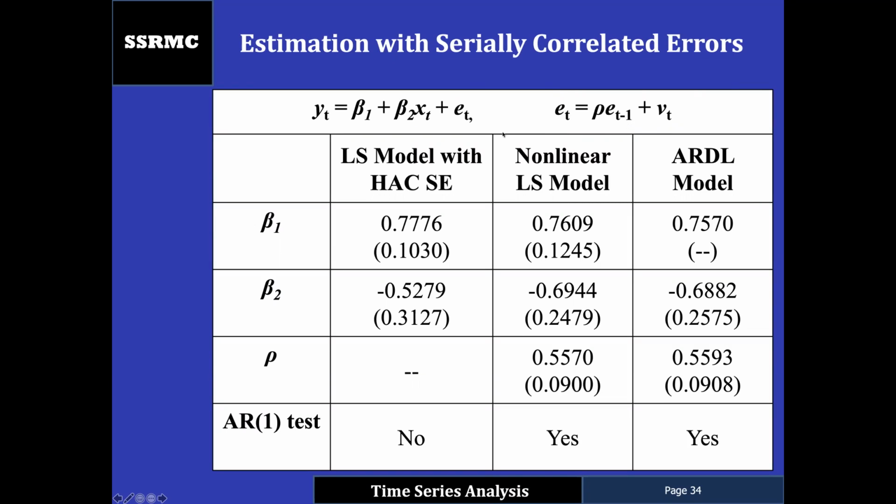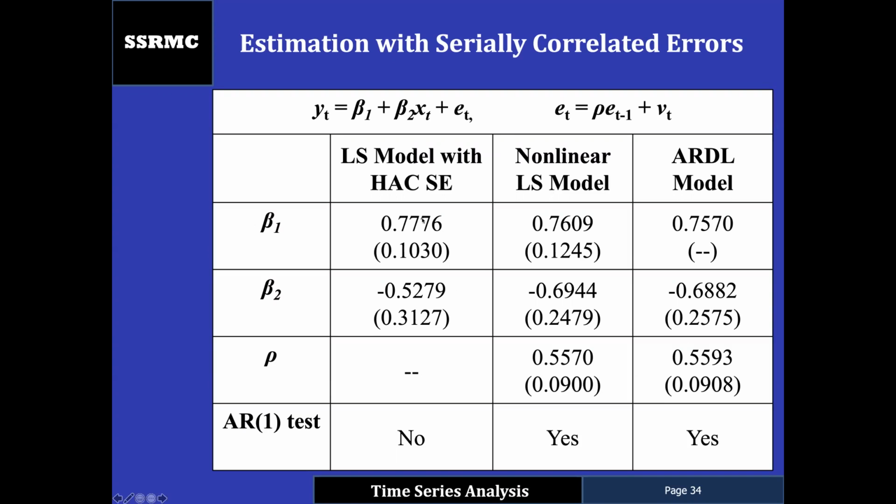To address this issue, the first approach that we can use is the LS model with the HAC standard error. Specifically, we still use the coefficient estimates from OLS estimation. However, we use a different set of standard errors to perform the test, and the standard errors are heteroscedasticity and autocorrelation consistent.